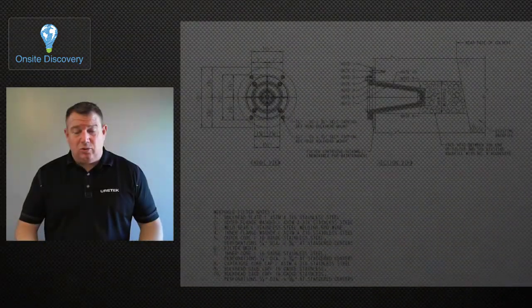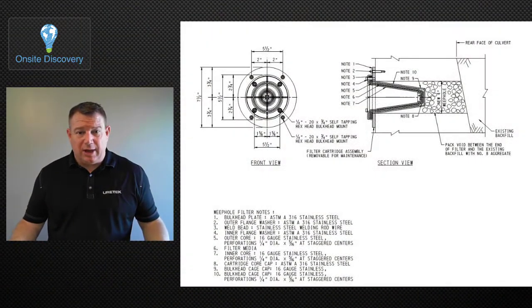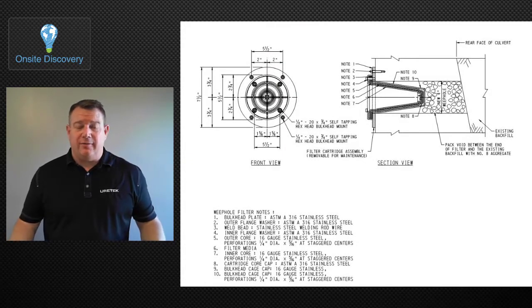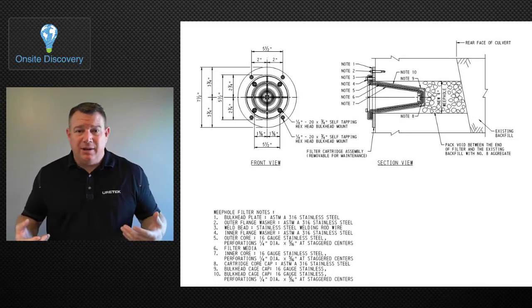We highly recommend you design them into new structures. That way, no matter what drainage is behind it, you always have a lifetime serviceable item out front that's accessible without having to dig it up, cause all kinds of downtime to the traveling public if it's a road, or basically you don't have to take the asset out of service to use these.